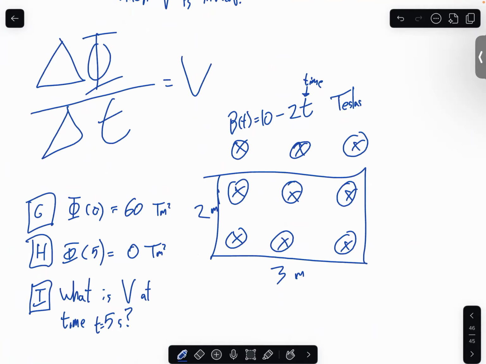By 60 Tesla meters squared. Change in phi equals 60 Tesla meters squared. How has time changed? 5 seconds, 12 volts. Again, slope ain't value. Slope is the change in one quantity by change in the other.